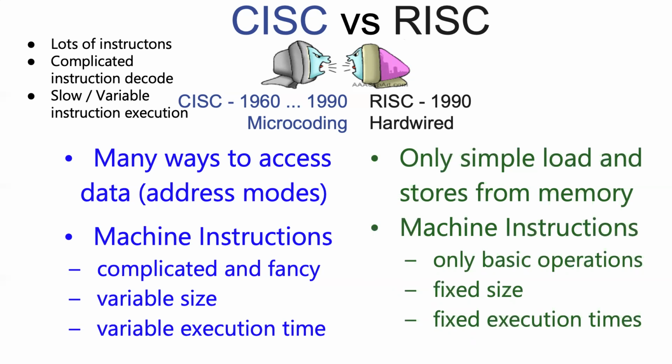And last time we saw some of why this matters. We talked about the pipelined design of the ARM processor, and it's easy to run a pipeline if the fetch, decode, and execute stages all take the same amount of time. If every other instruction is taking vastly different times to execute, then your pipeline is not going to do you as much good.